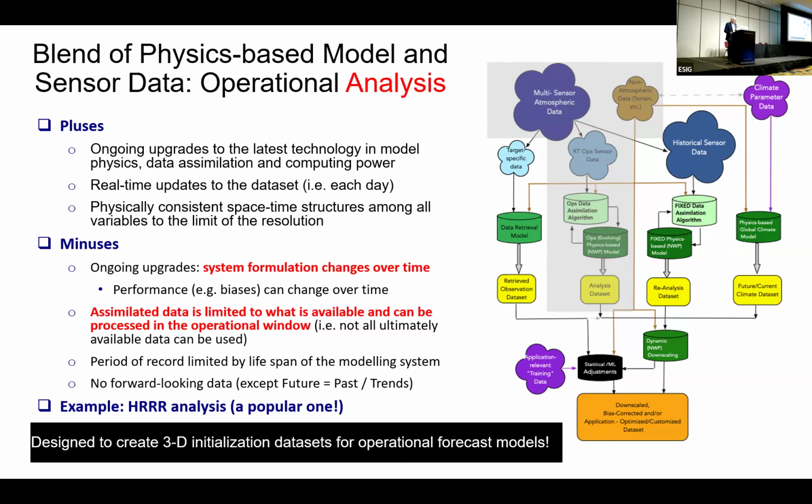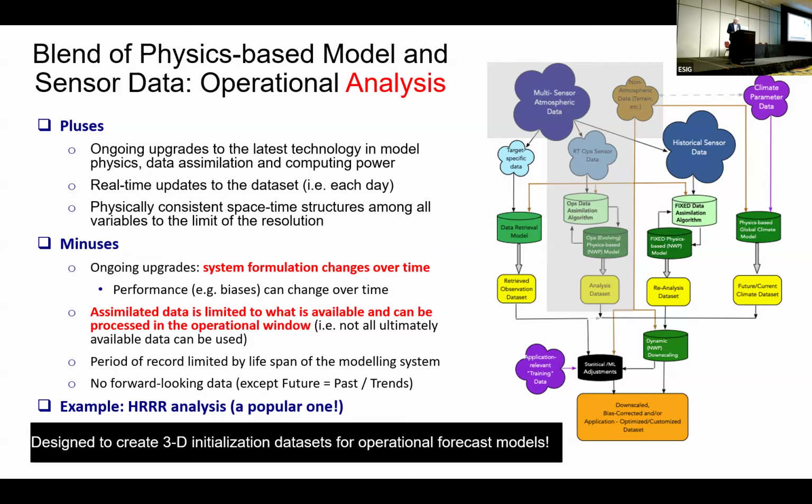But the minuses here are ongoing upgrades. So the system formulation changes over time. So what it was a few years ago is not what it is now, and it may have different attributes. So while this is the best possible data set created at the time it is made, over time, as you accumulate these data sets and have a historical archive, there are differences from the earlier ones to the later ones.